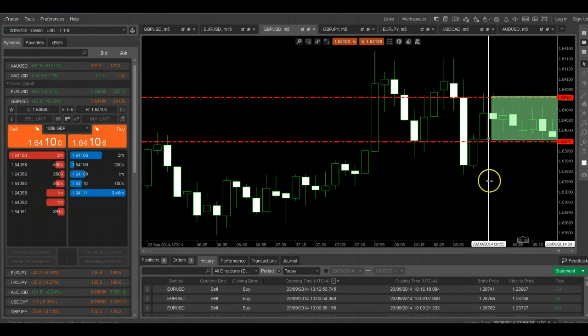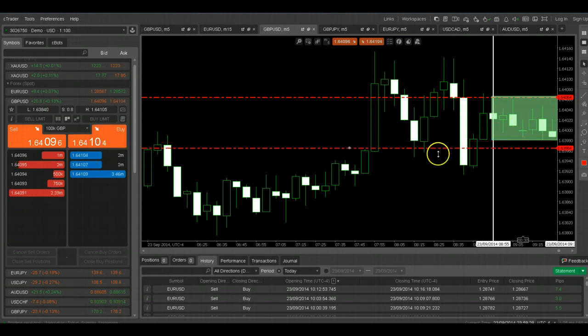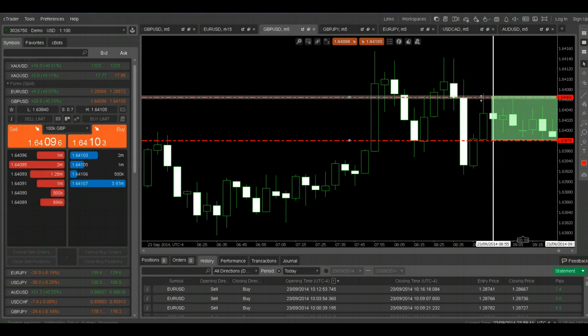And I go ahead and mark that off, and I create a box, a rectangle. I find the low of that range. The low here is 163.97, and the high of the range is about 164.06. So that range is roughly 19 pips.